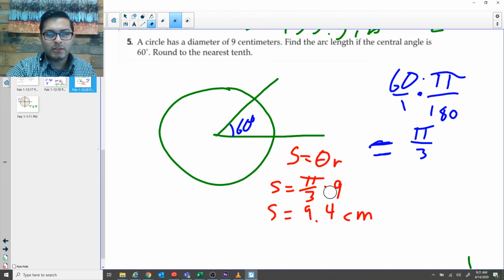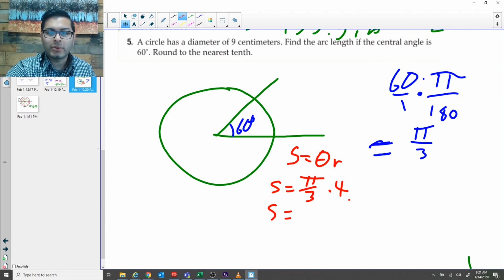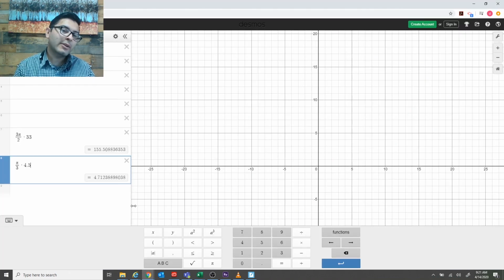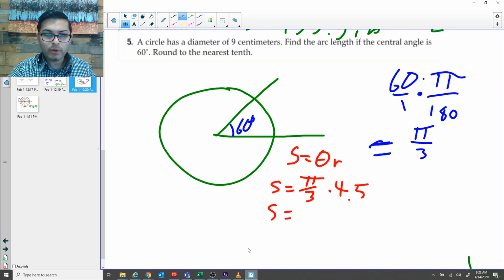So instead of having times 9 over here, it is times 4.5 because obvious reasons. So pi over 3 times 4.5 equals 4.7, not whatever I had before. So that would be 4.7. And that is the actual answer. Ugh.